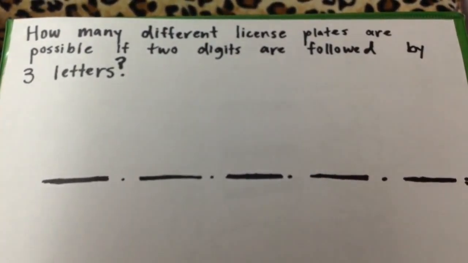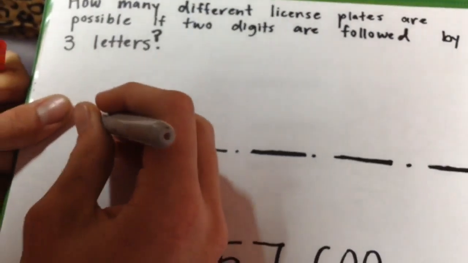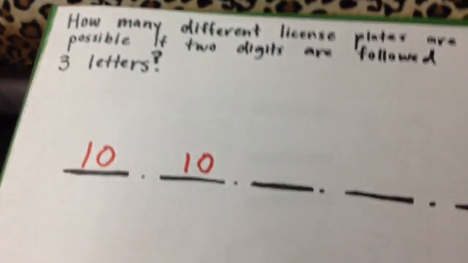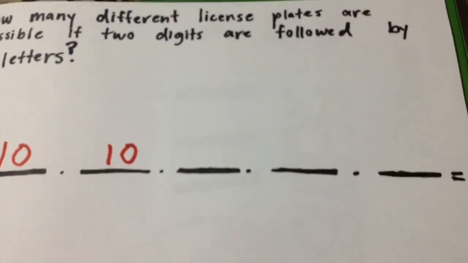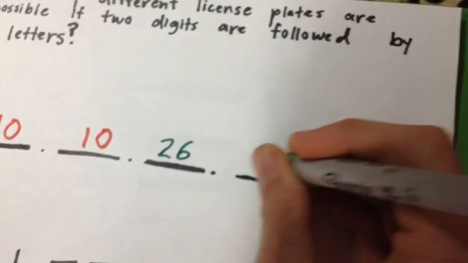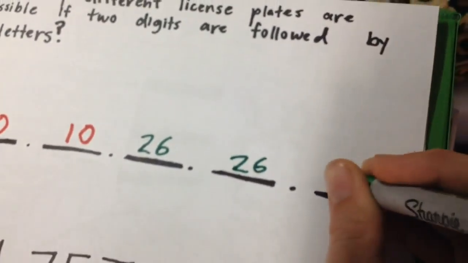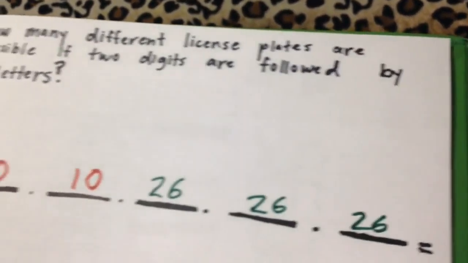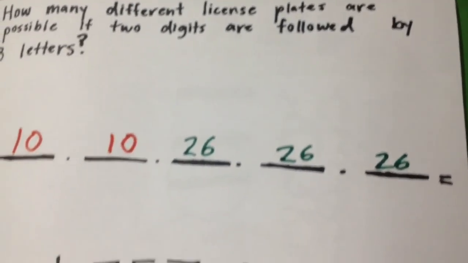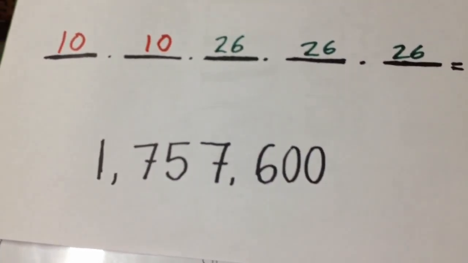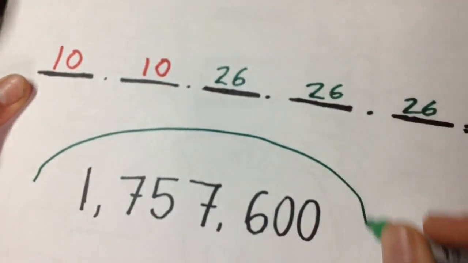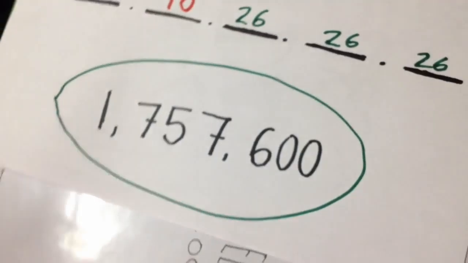There's only 10 numbers, so we're going to have 10, 10, and there's 26 letters in the alphabet, so we will put 26 right here, and we just multiply all these together and we get our big answer of 1,757,600. That's how many possible ways you can make a license plate.